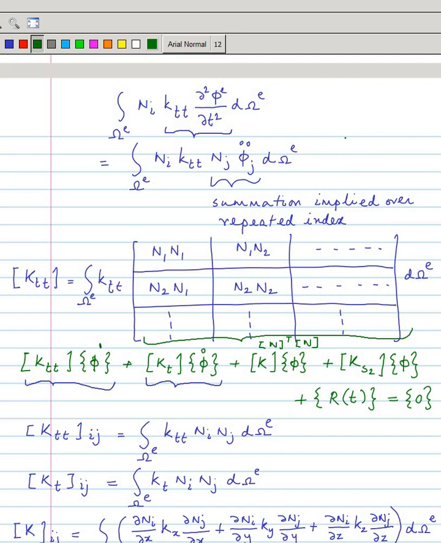That means if you take N as N1 N2 like this, then N transpose N is actually, transpose means it becomes like this into, so if you now multiply you get this.